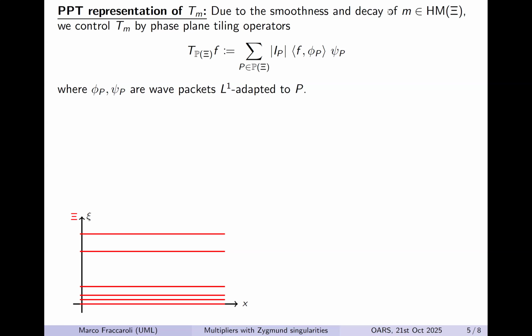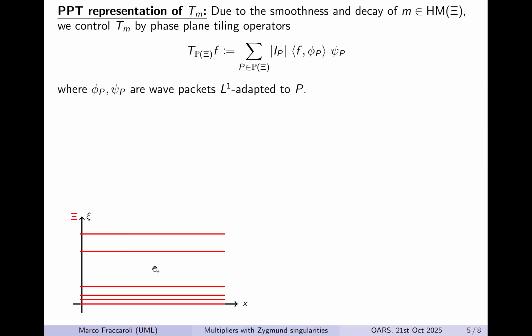The idea is that thanks to the smoothness and decay of our multiplier that comes from the Hörmander-Mihlin condition, you can control the operator Tm in terms of phase plane tiling operators, which are defined like this: you have your function, you pair it with phi p, then multiply with a psi p, and sum over tiles.